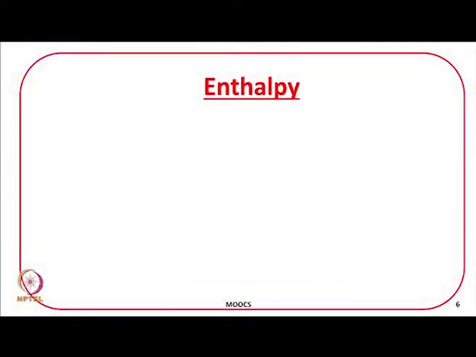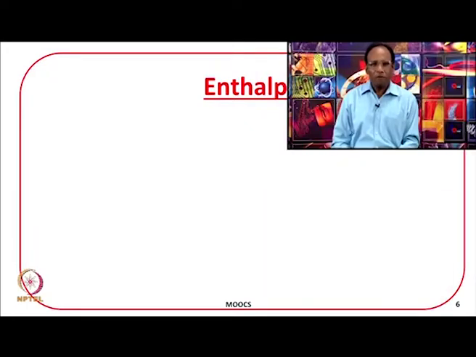Now, let us discuss enthalpy. Suppose if the volume is not held constant, you allow the system to expand or compress, let us say expansion. We can consider pressure constant, but let the volume change.